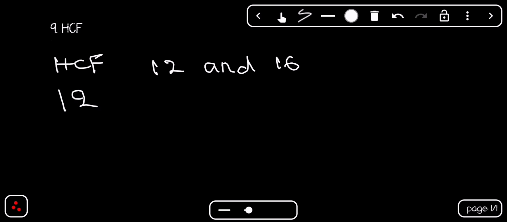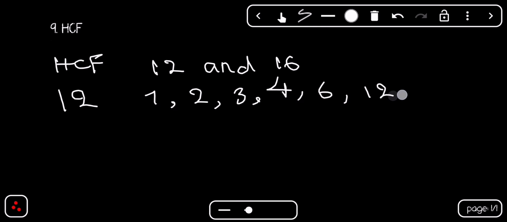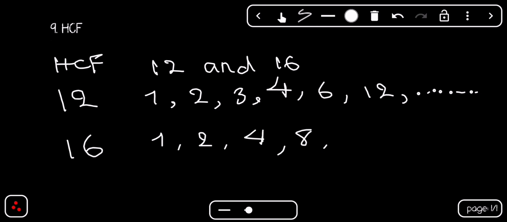So we have 1, 2, 3, 4, 6, 12, and then infinite numbers. And then we have 16. 16 also has 1, 2, 4, 8, 16, and then infinite numbers.